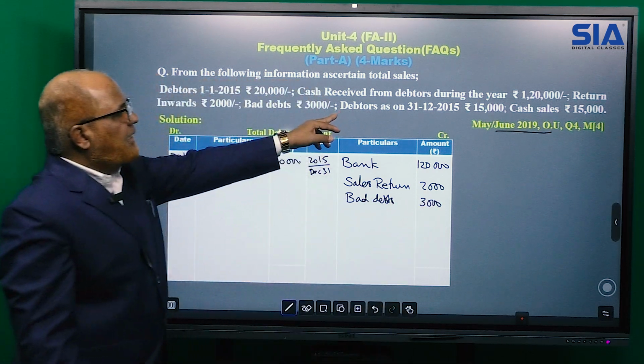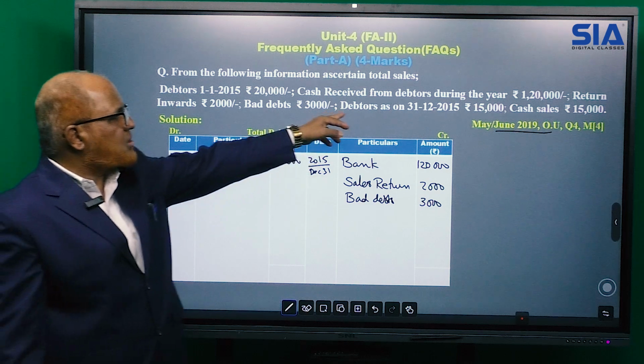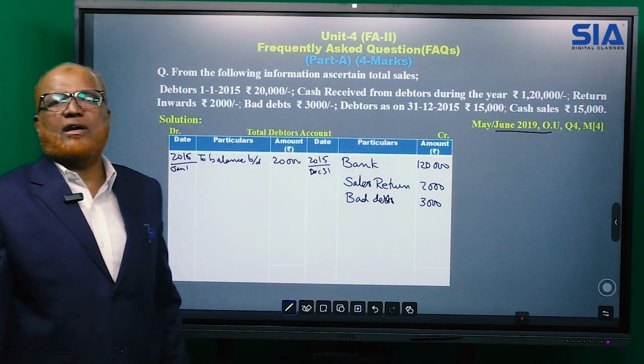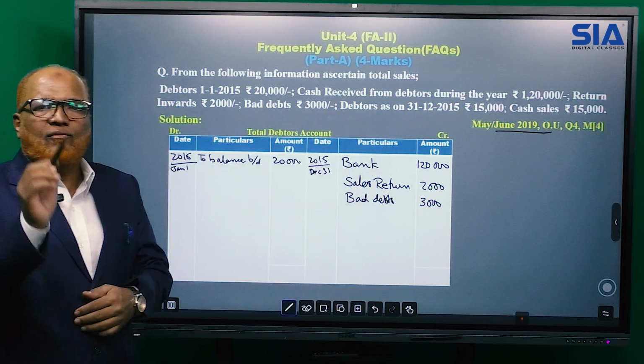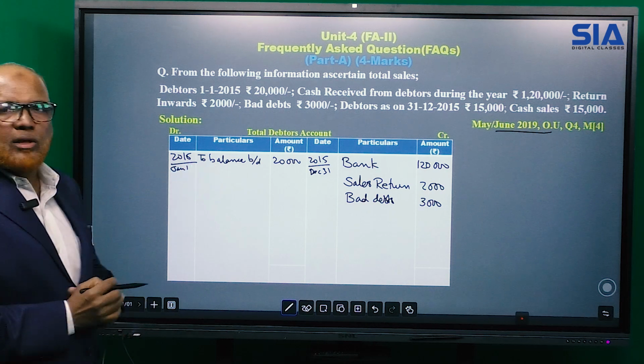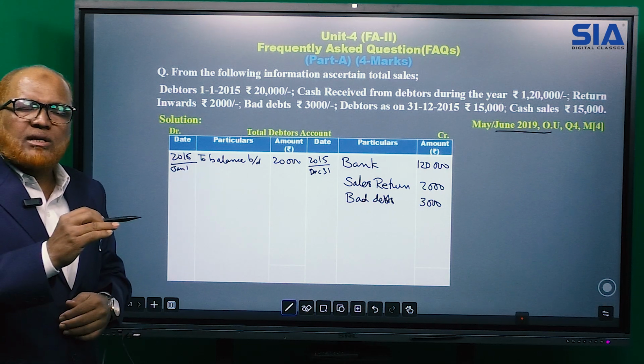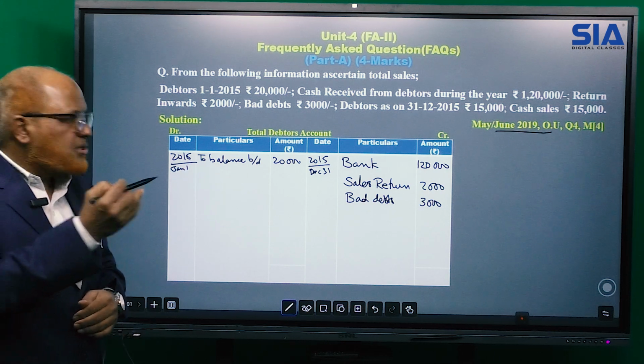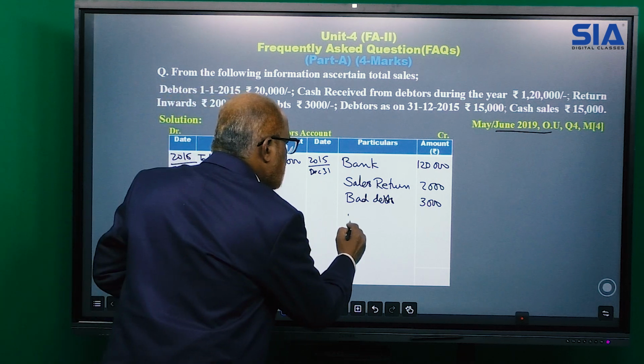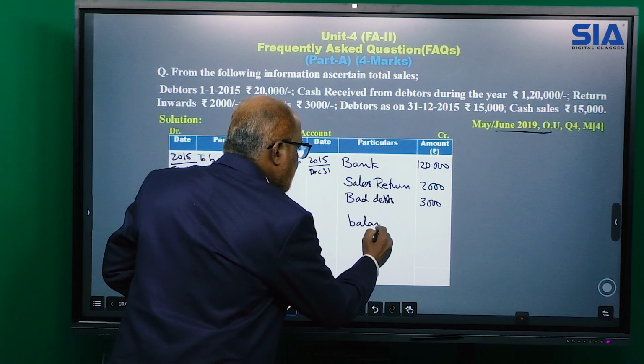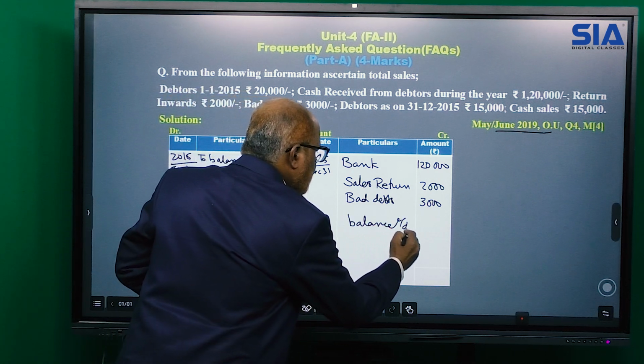Now, lastly, debtors at the end of the year, debtors on 31st December 2015. Closing debtors. Where you have taken opening debtors on the debit side, closing debtors will be on the opposite, that means the credit side. So here I am taking balance carried down.